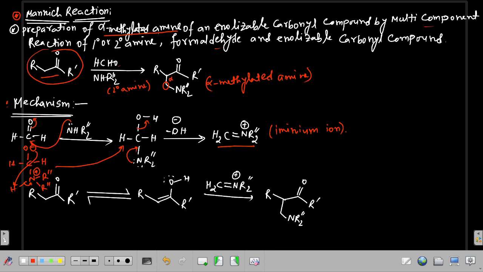After this, this lone pair will shift like this, and this bond will break, and it will attack the carbon atom of the iminium ion, and this bond will delocalize like this, and it will form R here, CH2NR2 and OH plus.